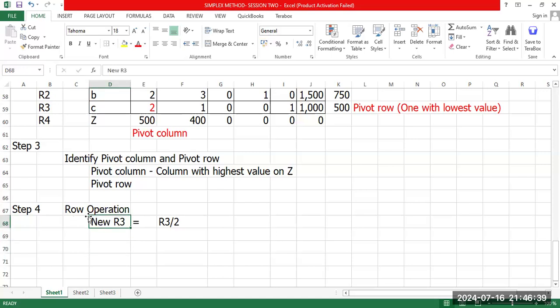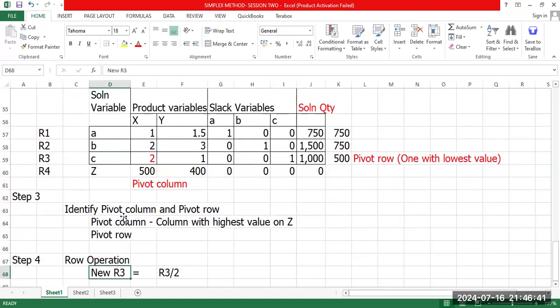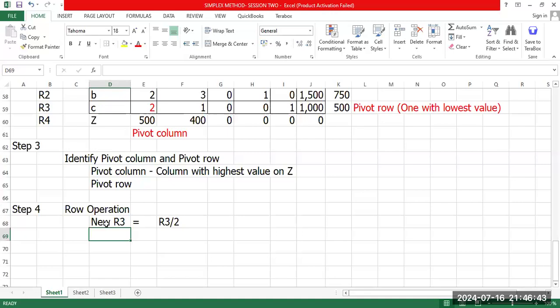So row operation, we are saying the reason why you need this row operation is the first one. You need to make sure that where your pivot column meets pivot row, this figure should always be 1. You must come up with a formula that should help you to make this value appear as 1.